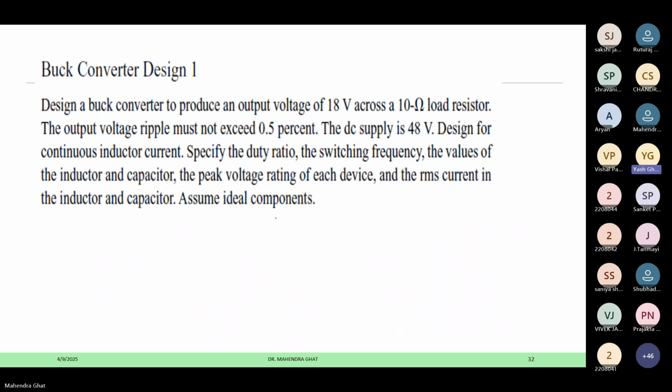For the duty cycle, I have got 0.375. Correct. Then for choosing the frequency, I have chosen 100 kilohertz switching frequency.